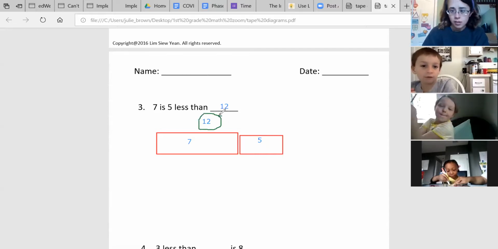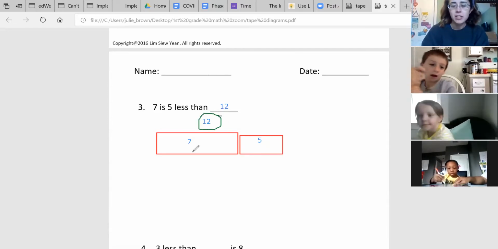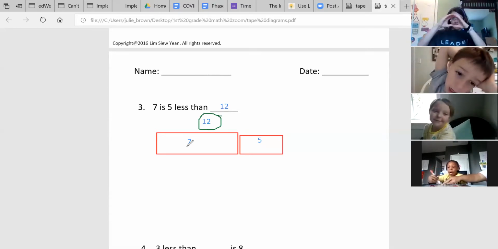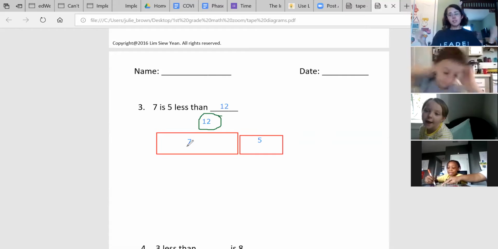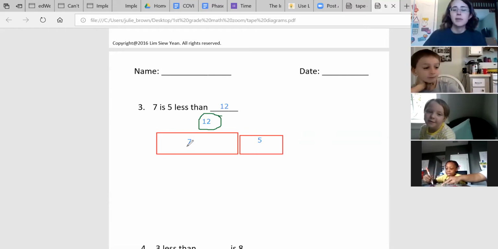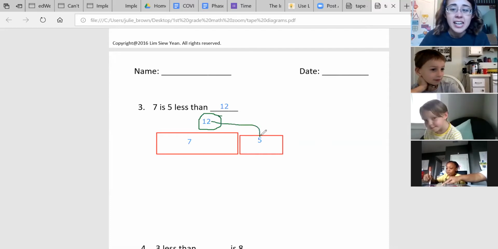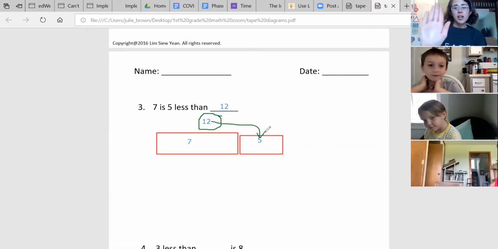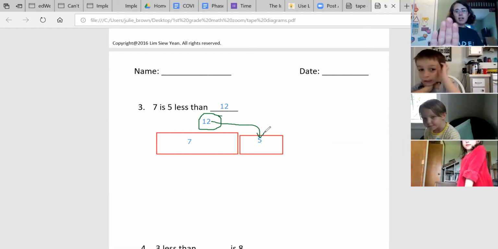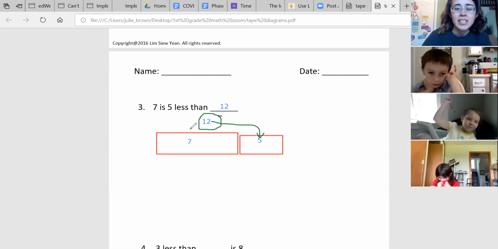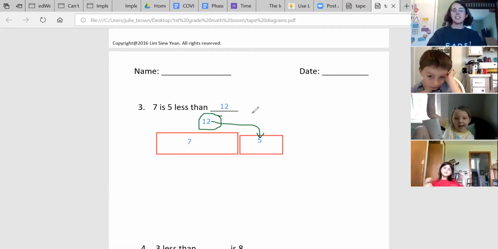Okay, so Andrew, which of those numbers is the whole? I think it's 12. Yeah, 12 is the whole, it's on top, it's the biggest number. And if you take 12 and cover up the 5, the other part that's left is 7. 7 is 5 less than 12.